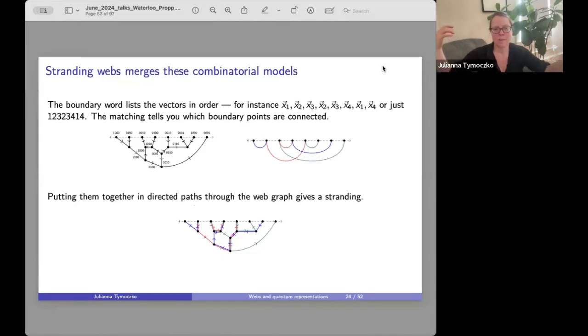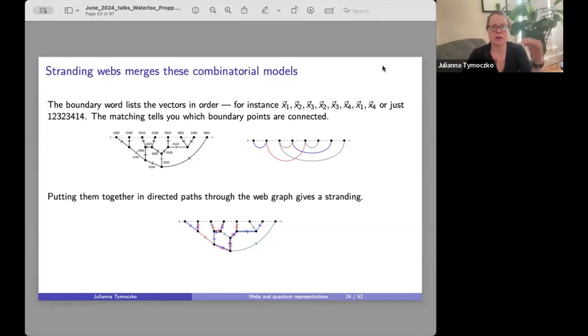But then back to what we were saying before, what's happening with strandings is that strandings are combining these two combinatorial models and showing them both at the same time.